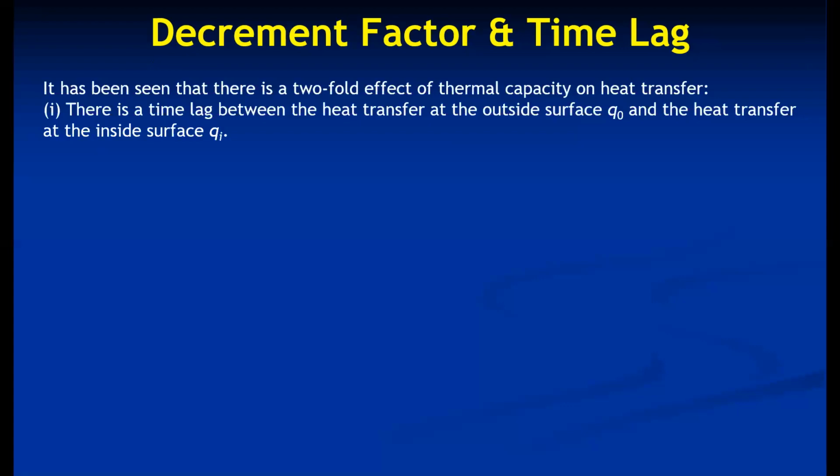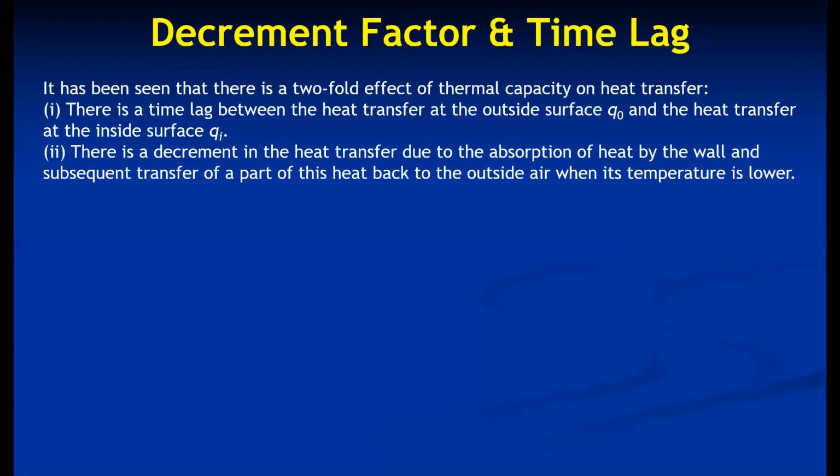If the time lag is 2 hours, the 11 a.m. heat is transferred to the inside at around 1 p.m. So 2 hours are required to transfer that heat from outside to inside. That is called the time lag, and it is because of the thermal capacity of the wall. So that is the first effect: there is some time lag between heat transfer at the outer surface and at the inside surface QI.